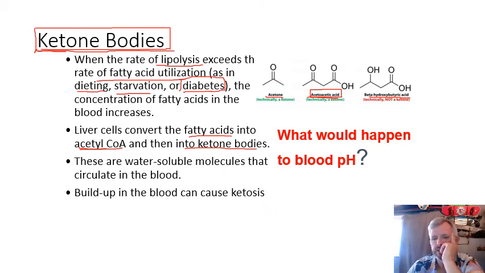Yeah, since ketones are acidic, if you're making lots of ketones, you're making your blood a little more acidic. You're not going to make it pathologically acidic like you would with diabetes, but it might be more on the acidic end of that homeostatic range if you're producing lots of ketones.